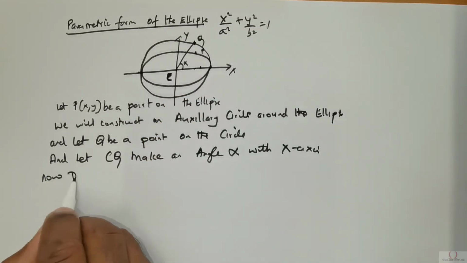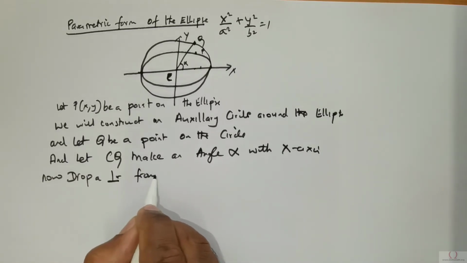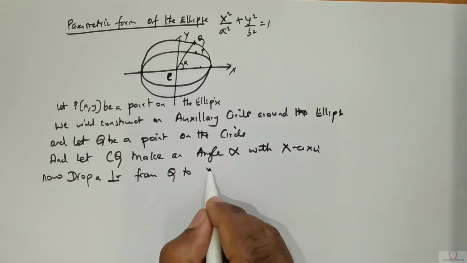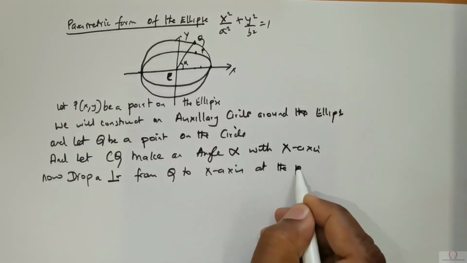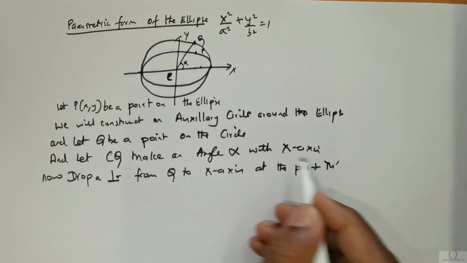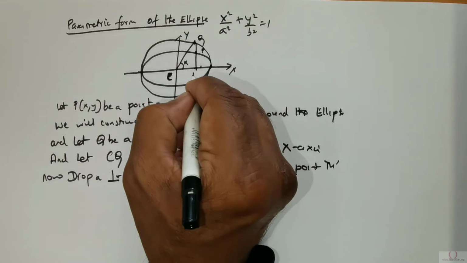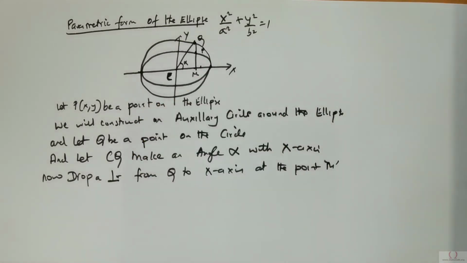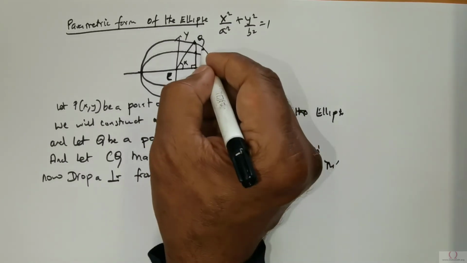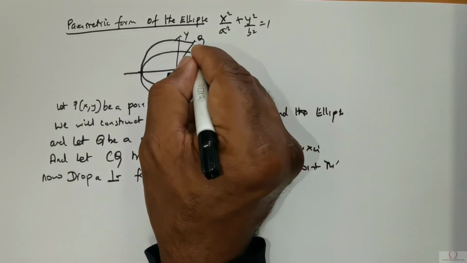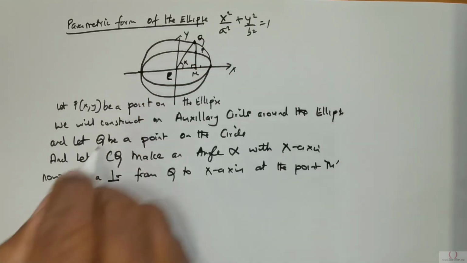Now drop a perpendicular from Q to the x-axis at the point M. So from Q you drop a perpendicular on the x-axis and name it M. So this is going to be 90 degrees. And P is a point on the ellipse, and the line is actually passing through the point P.